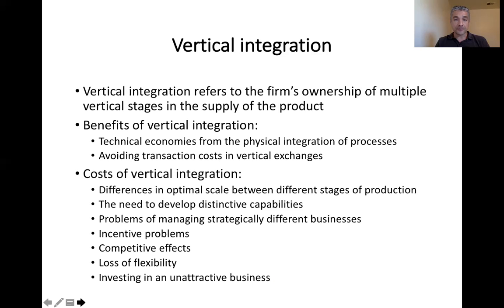The other thing that is kind of costly when it comes to vertical integration: you need to develop distinctive capabilities, right? If you manage businesses across multiple industries, across multiple markets, you have to keep investing in whatever makes this business or that business successful. And as you remember, when we talked about capabilities and competences, we said that companies are actually limited in how many of their capabilities could be core competencies. It is not feasible to expect that any single company will have 10 core competencies.